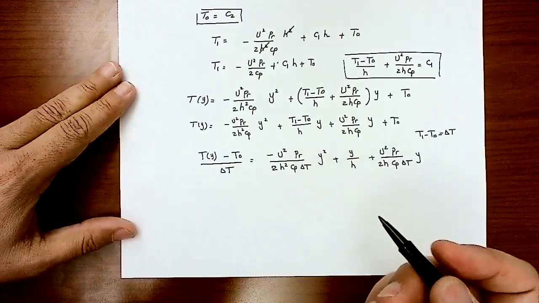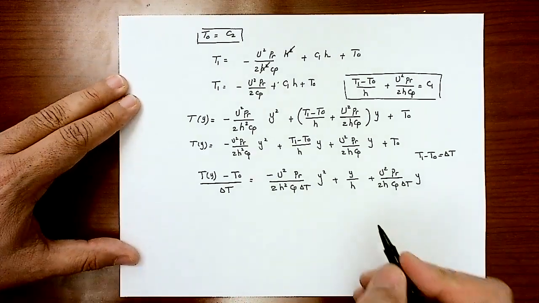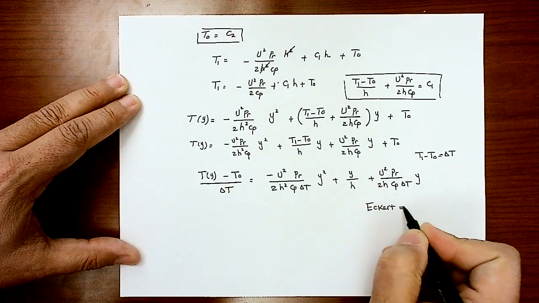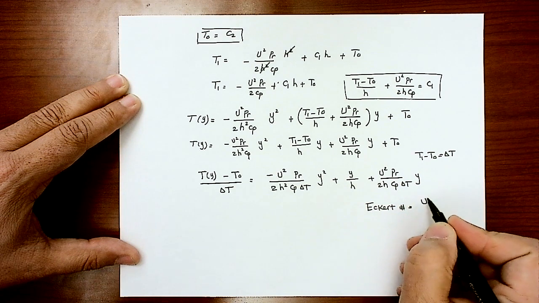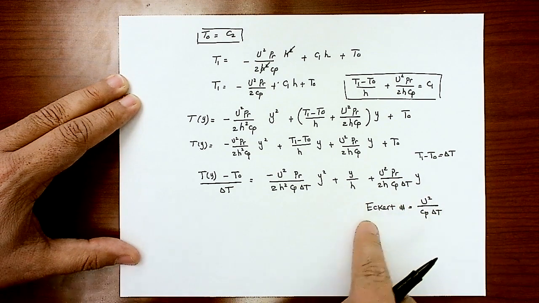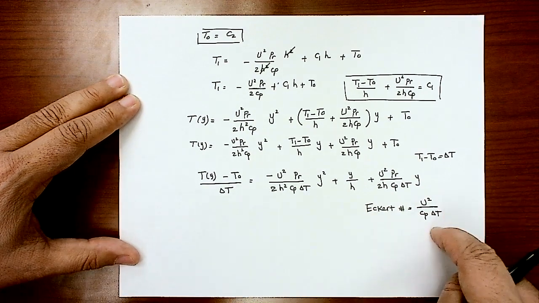The reason I've divided by delta T is to define a new dimensionless number. It's called the Eckert number. The Eckert number is defined by U square divided by CP delta T. The Eckert number is the ratio of the kinetic energy to the heat transport.